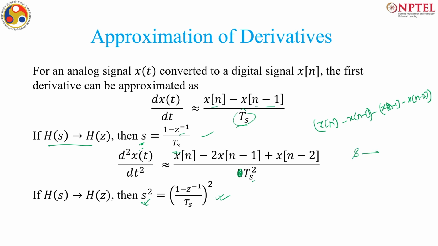So, clearly S is mapped to 1 minus Z inverse by Ts, and S square is mapped to the whole square. Similarly, S to the power any value k will be mapped to this, and by induction you can prove it. So, the approximation of derivative is nothing but this mapping.